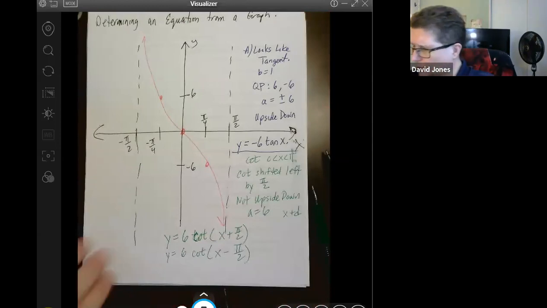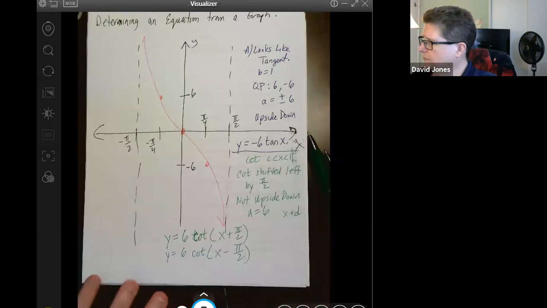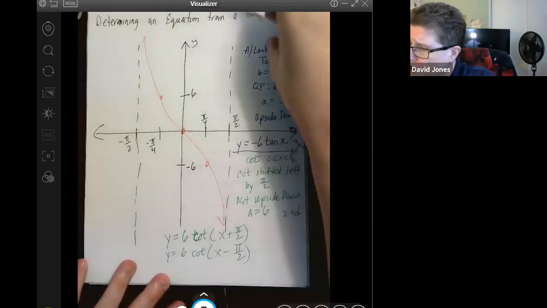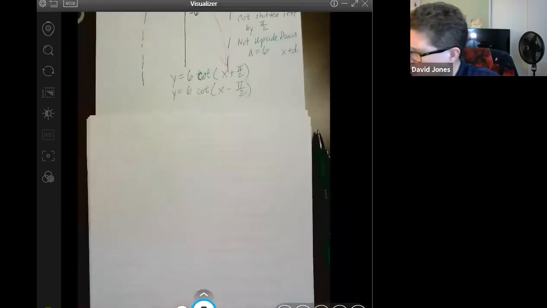And why does that work like that? Just a quick reminder. Remember our cofunction identities?